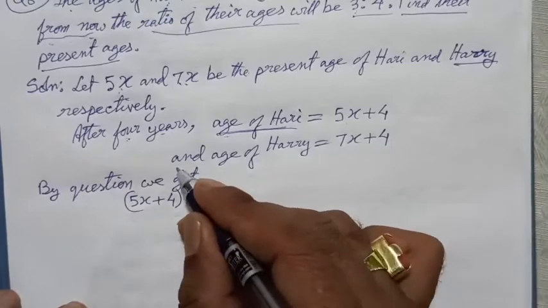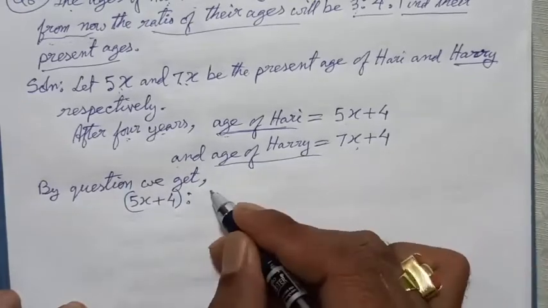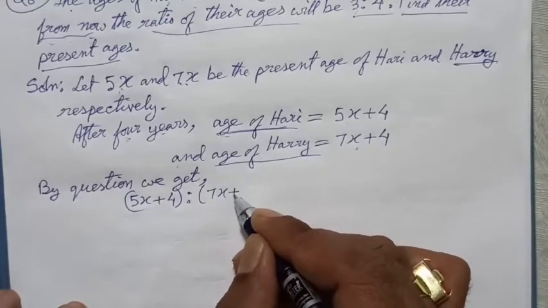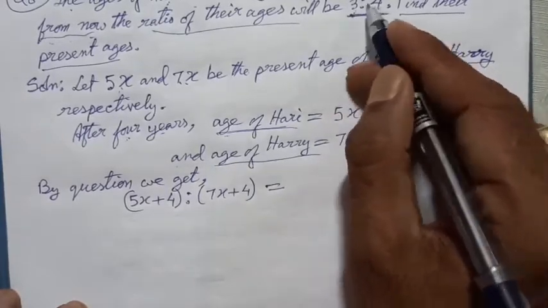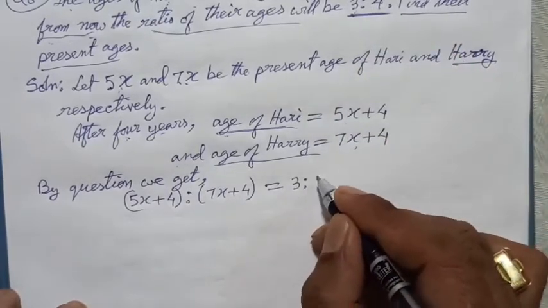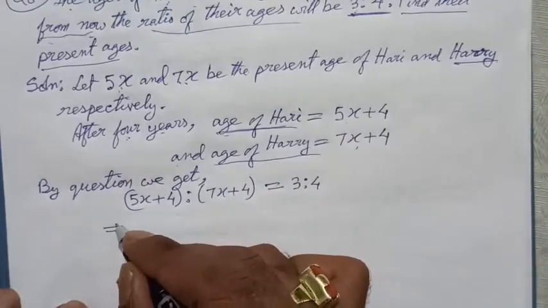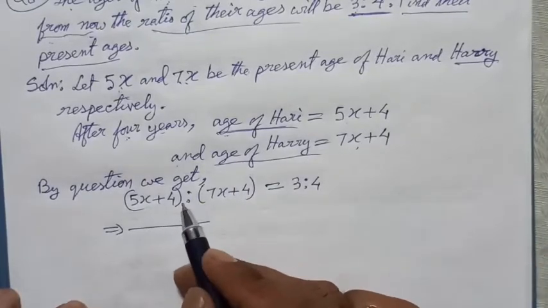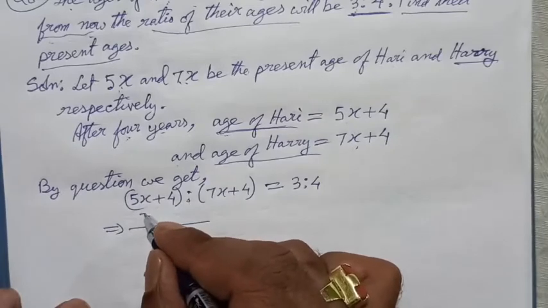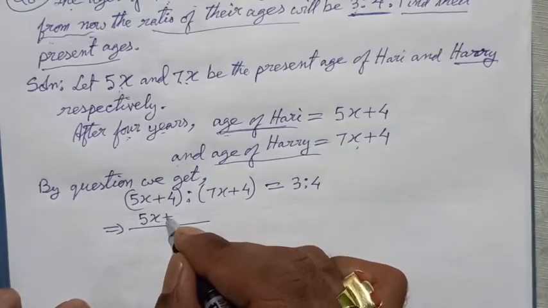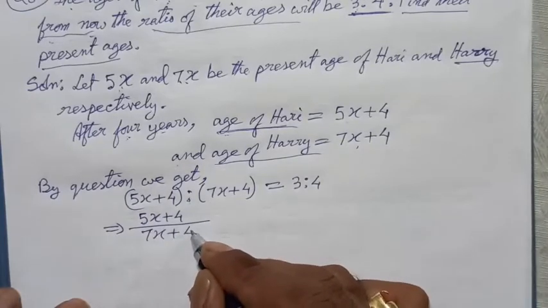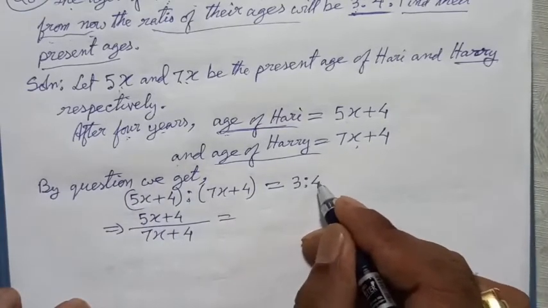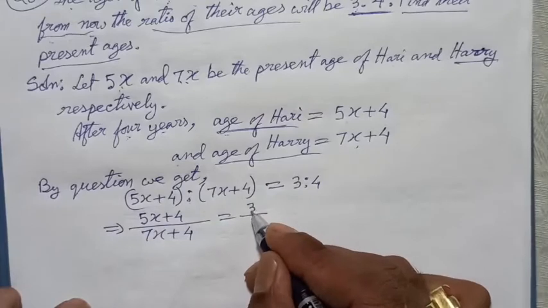Age of Harry is this, 7x plus 4, and this ratio is equal to this given ratio, 3:4. Now next step, ratio we can write in the divide form, so write in the divide form.